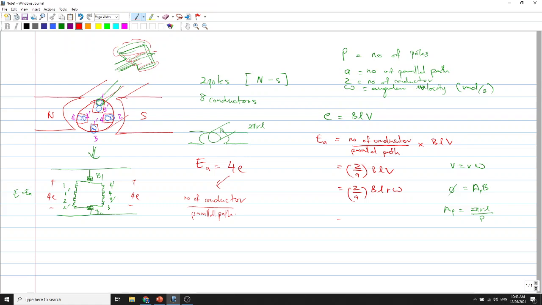So then we replace Z over A. With area 2 pi r, we have R L there already. We need to times with the P. Now we try to replace.